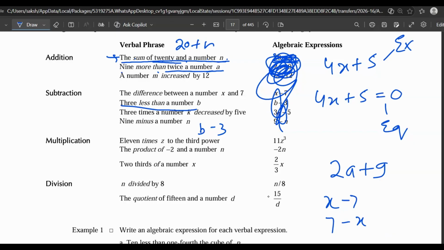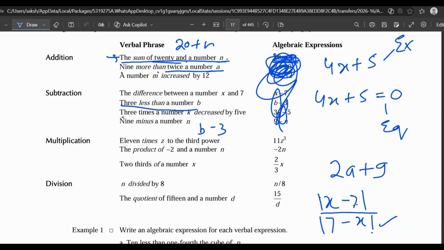In difference, we do it like this, or even sometimes we put a modulus function. This depends on your condition. But basically, mostly in algebra, what we have learned is that the variable we keep earlier and the constant number we keep later. Mostly we do it like this, but this is not incorrect. This is also correct, because it's a given difference, not that you have to subtract this one from this one. Okay.